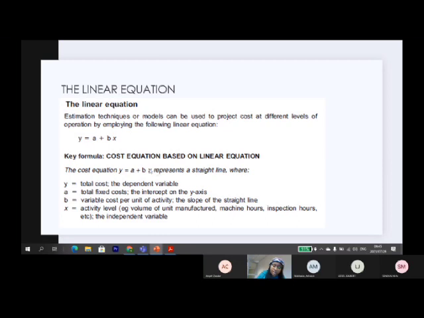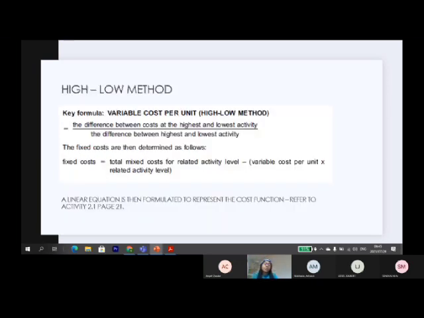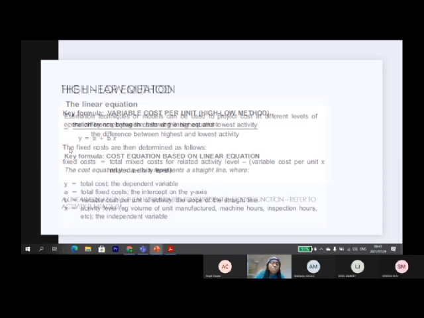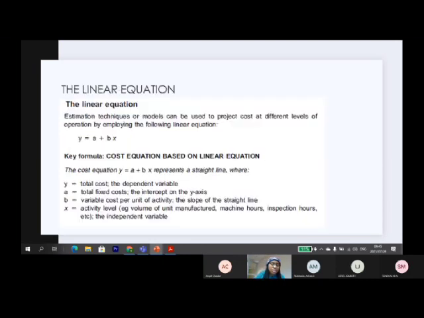So activity level will be X. That will be your volumes, or the units that you produce, or the machine hours being spent on whatever you're doing, or it could be your inspection hours. As I've mentioned, it's very important that you know in what context X is. All right, cool. So that's the linear equation.